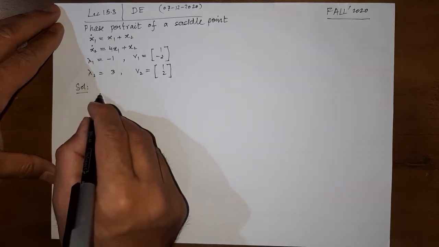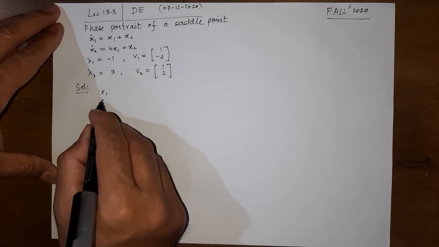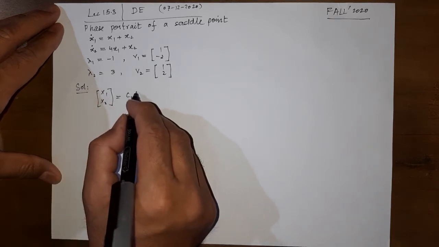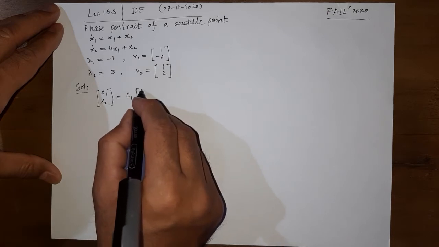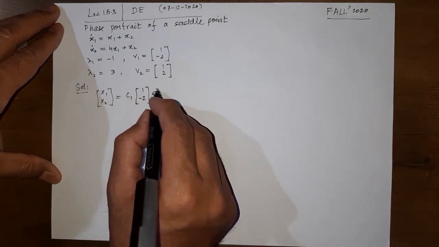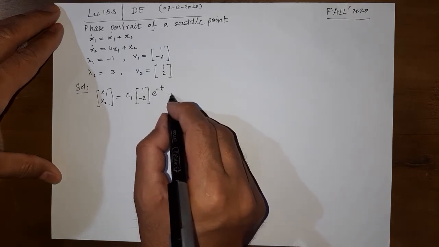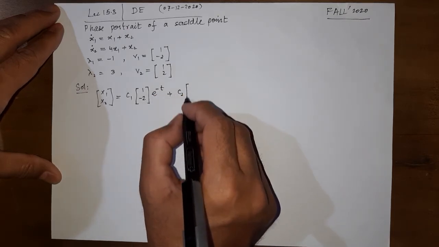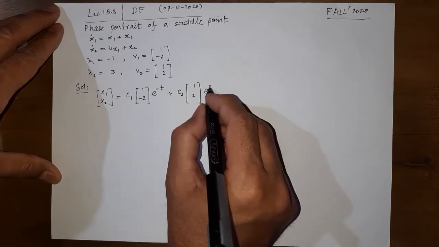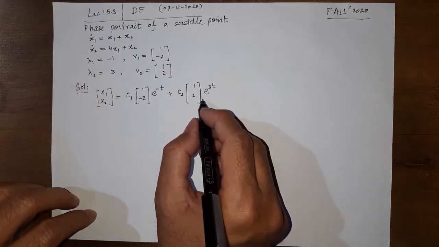So the solution in this case is going to look like some constant C1 times V1, (1, -2), e raised to the power -t. Now this is a decaying one, plus C2 (1, 2) e raised to the power 3t. Now this is a growing one.